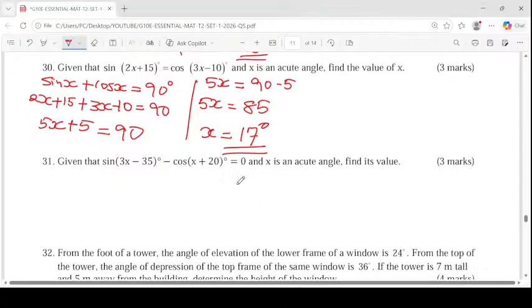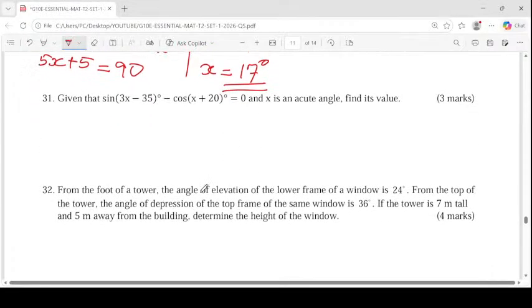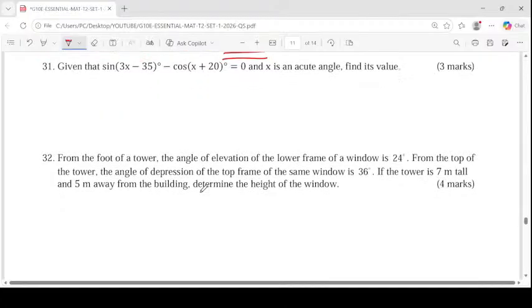Let's look at question number 31 of the paper. It says, given that sine 3x minus 35 minus cos x plus 20 degrees is equal to 0, and x is an acute angle, find the value of x. It is still the same thing.